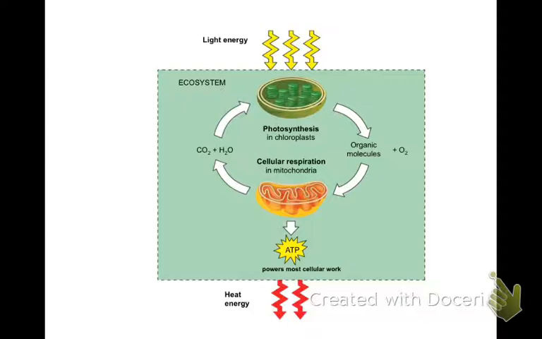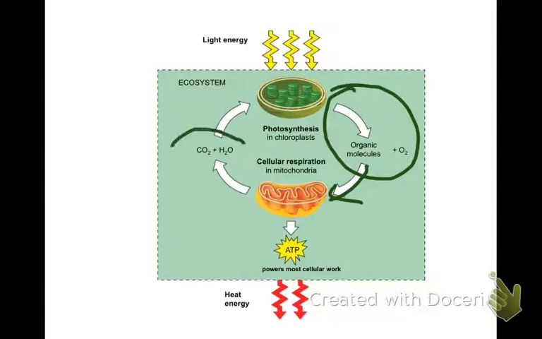Anyways, I know I showed this figure last time, but it's a good explanation of how everything ties together in regards to the transformation of energy in our ecosystem. What I want to focus on is this idea that the products of photosynthesis are going to feed into cellular respiration, and the products of cellular respiration are going to feed into the photosynthesis chloroplasts.